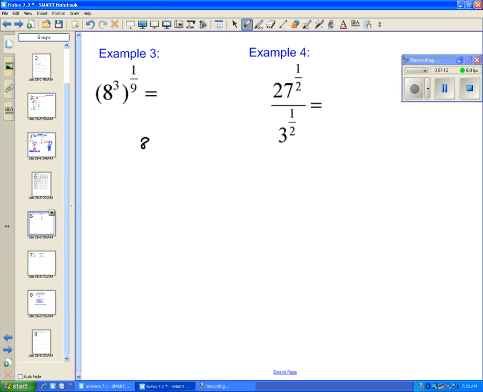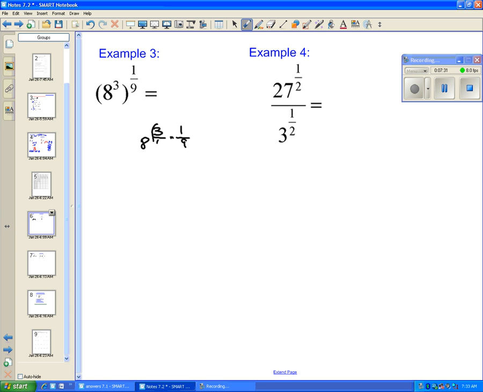Well, use what you know. 8 to the third, I can always write any whole number as a fraction, so 8 to the 3 over 1, and this is power to a power, so I multiply. So 8 to the 3 over 1 times 1 over 9.